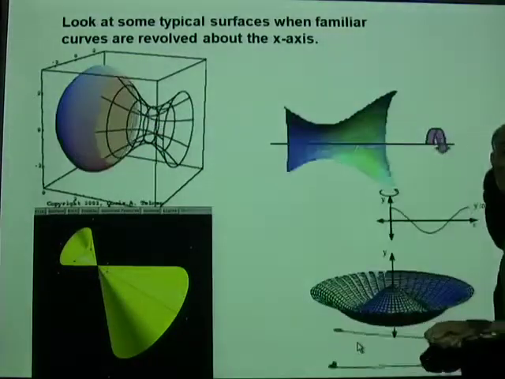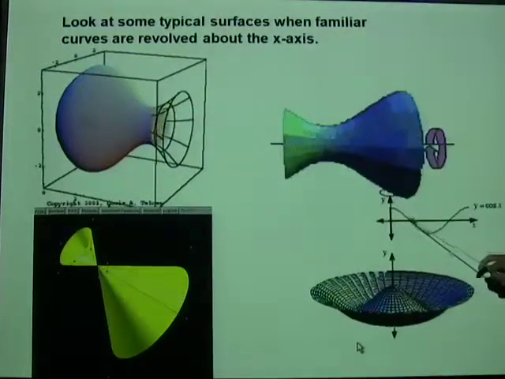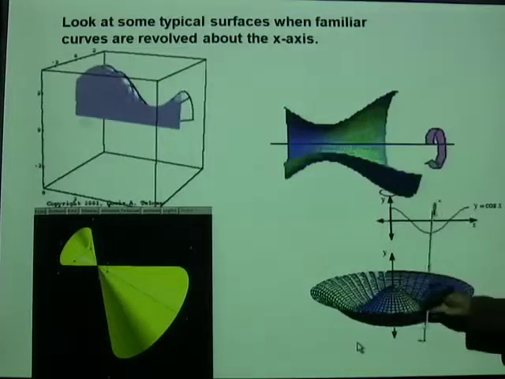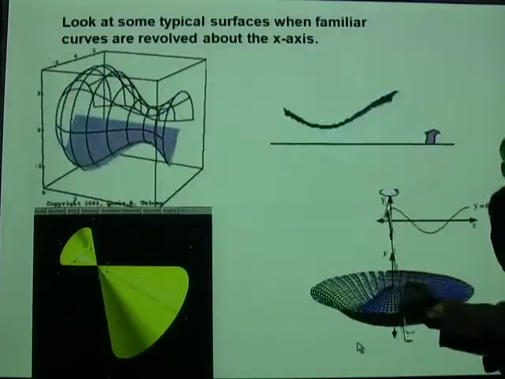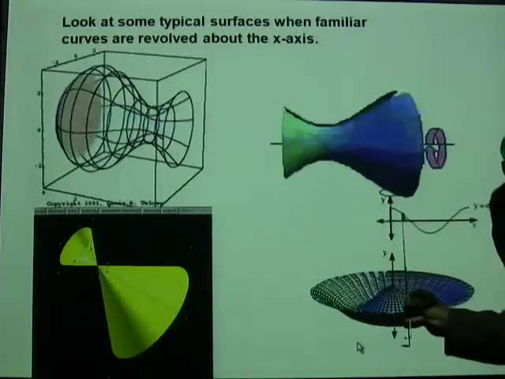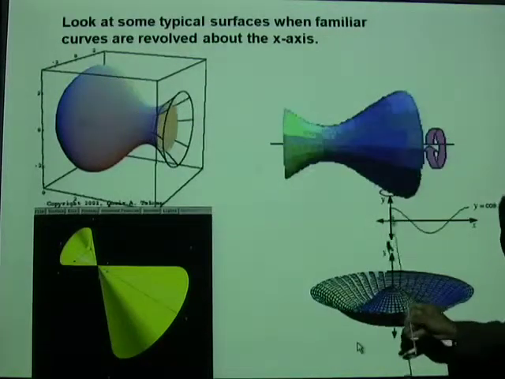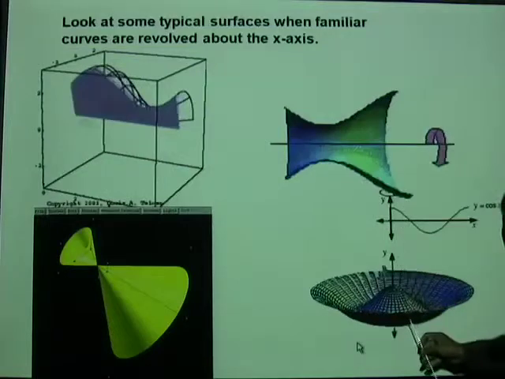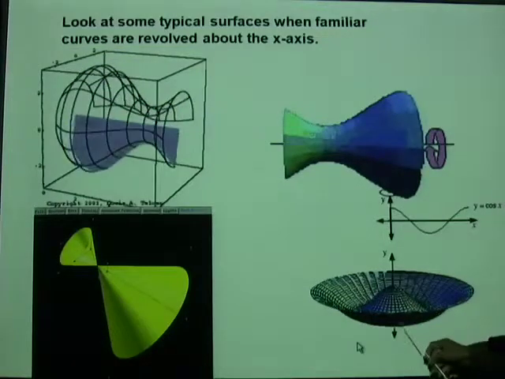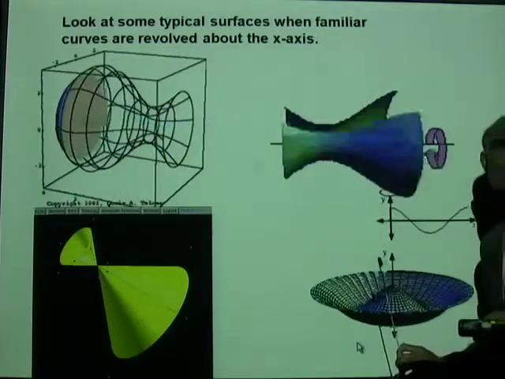And finally, look at one more. If you revolve this curve about the y-axis, I want you to check in your mind. You take each point on this curve and revolve it about the y-axis. You generate this beautiful surface.